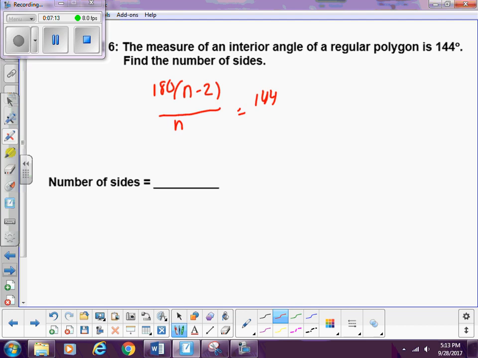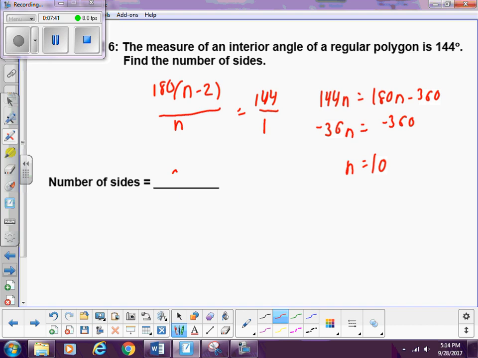I told you yesterday to do a proportion, put it over 1, cross multiply. You get 144n equals 180n minus 360. Subtract 180n from both sides. You get negative 36n equals negative 360. So n is equal to 10.